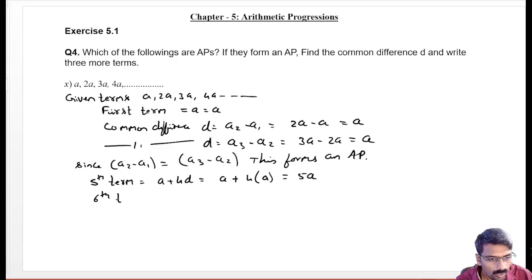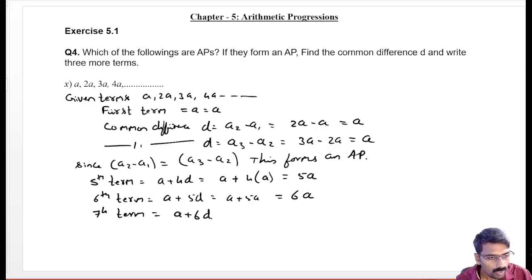And sixth term, a plus 5 times d, that is equals to a plus 5a, which is equals to 6a. Seventh term, which is equals to a plus 6 times d, that is equals to a plus 6 times a, which is 7a.